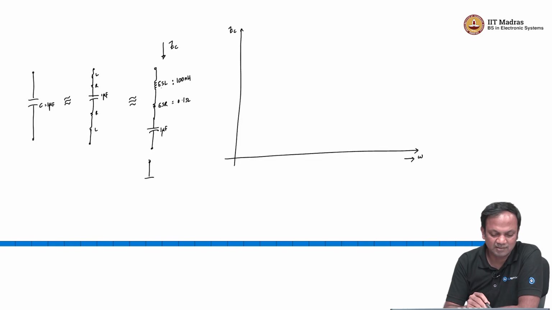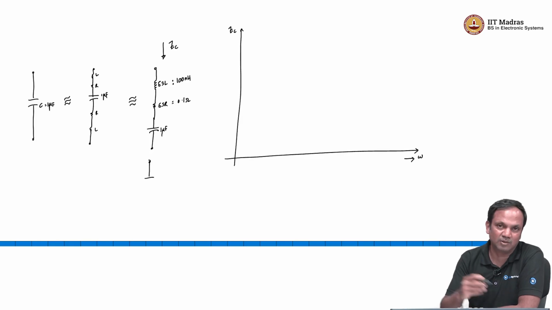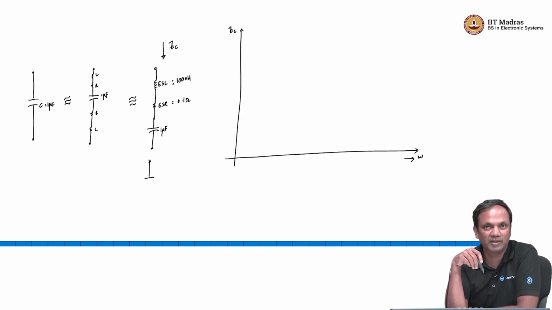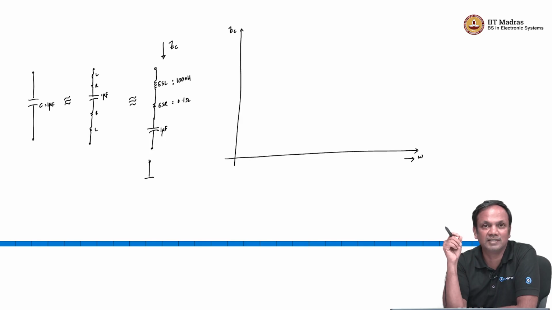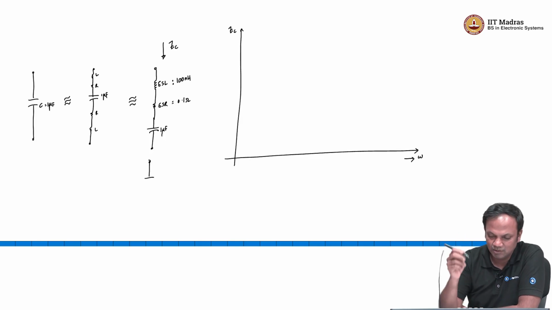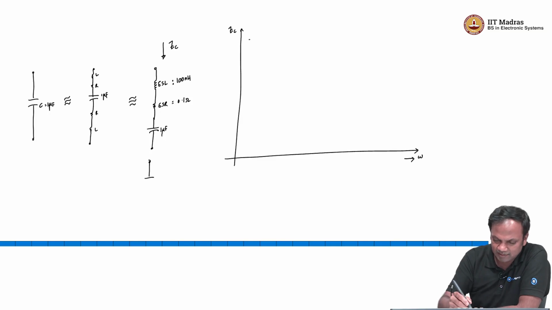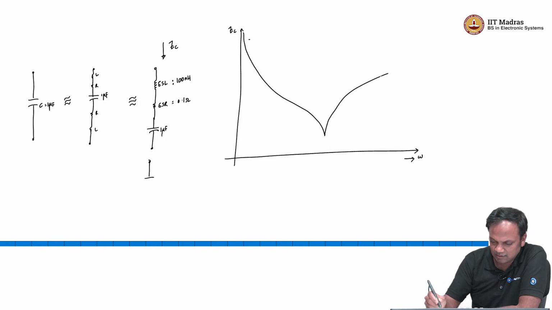At high frequencies it is going to get dominated by the inductor, because the inductor's impedance goes up with frequency while the capacitor's goes as 1 over omega C. And at some frequency, because of the series combination of the inductance and the capacitance, there is going to be resonance. So, you will see something that looks like this: it is doing this, then it resonates.